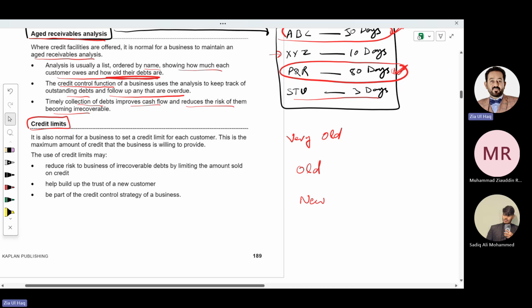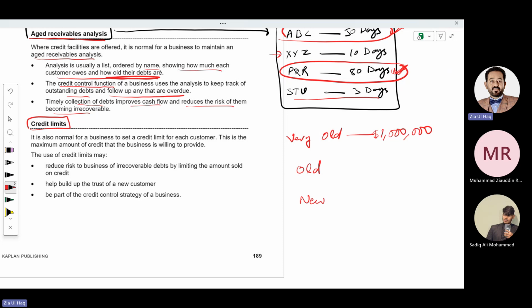Like the customers who are very old, meaning they have been with us for the last 10 years, we might have offered them that they can buy from us up to 10 lakh dollar of product on sale. It means we allow them 10 lakh dollar credit.